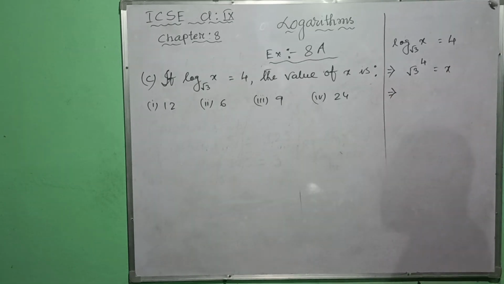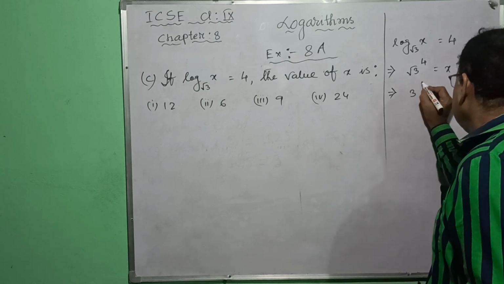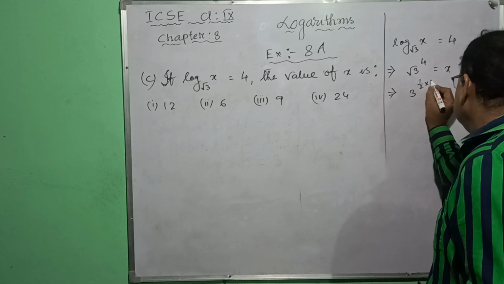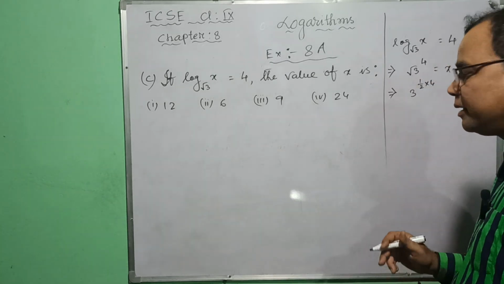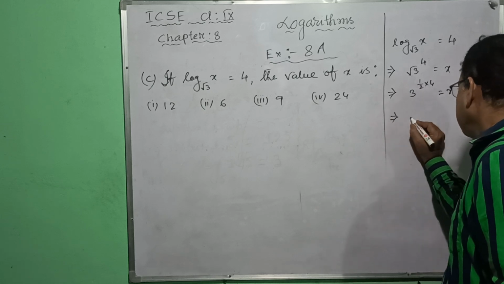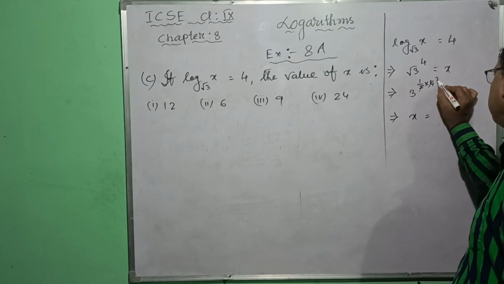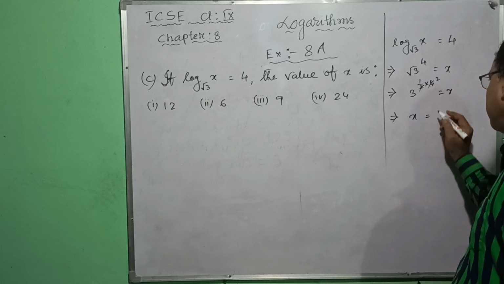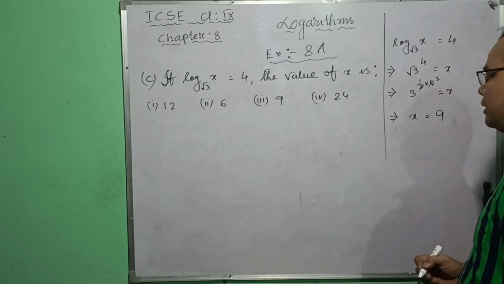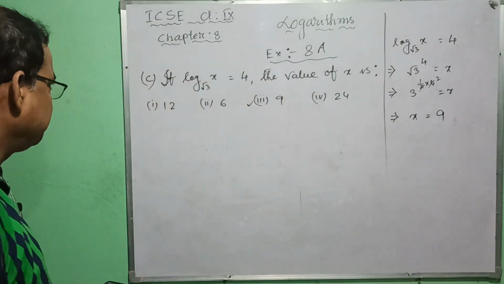Root 3 equal to 3 to the power half, so we can write 3 to the power half into 4, as power and power is multiplied, equal to x. This implies x equal, here 2 cancels with 4, so it is 2. So it is 3 square, so 3 square equal to 9. So our option 3 is correct.